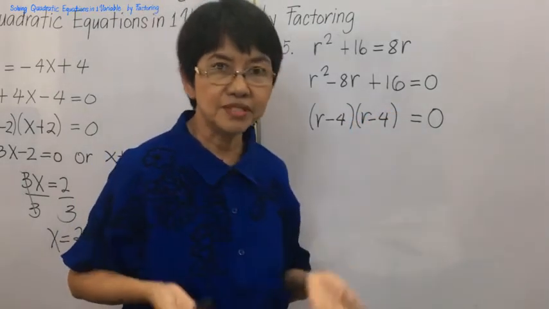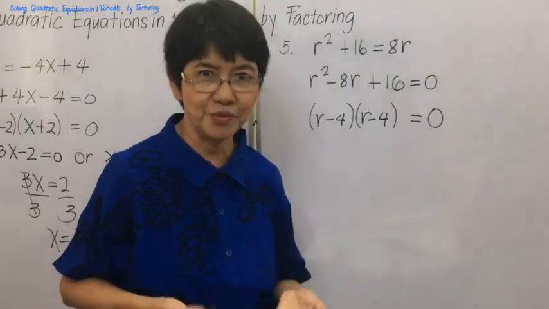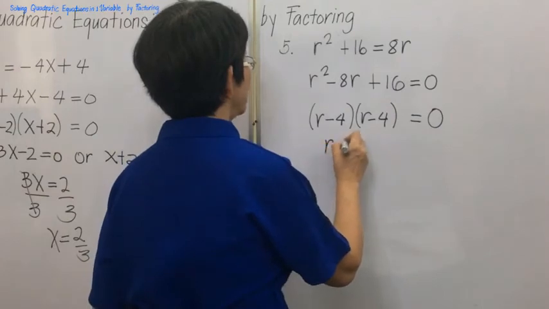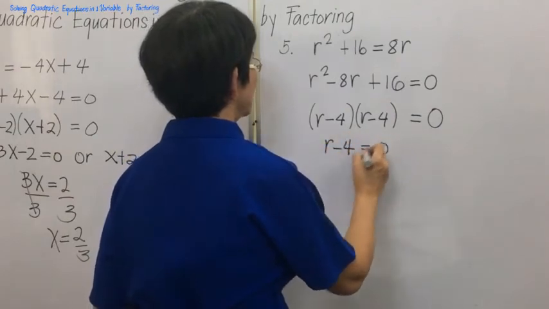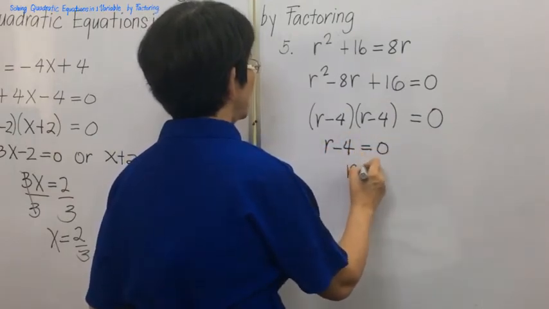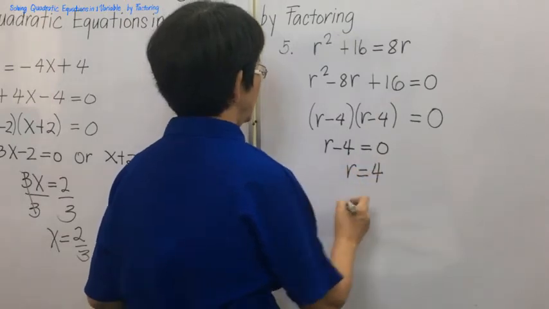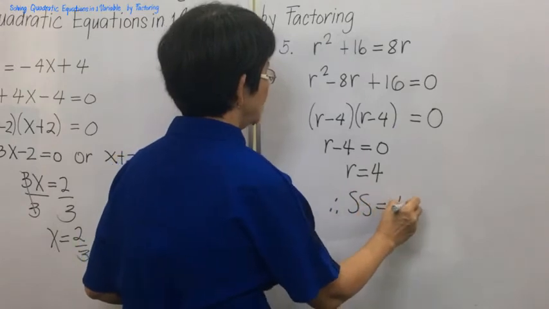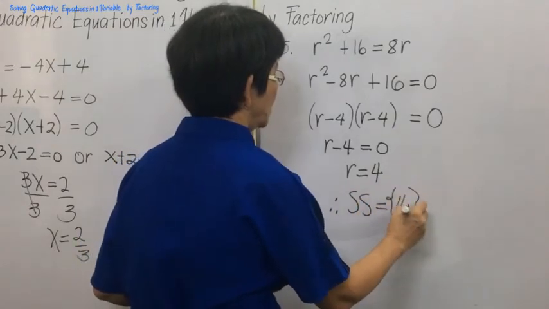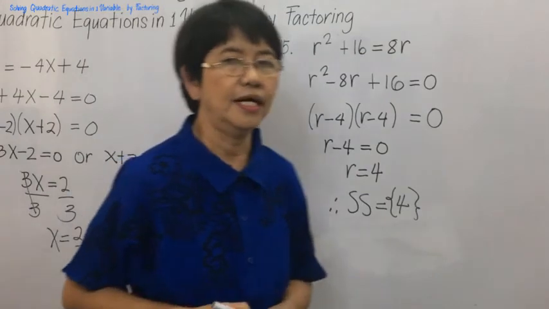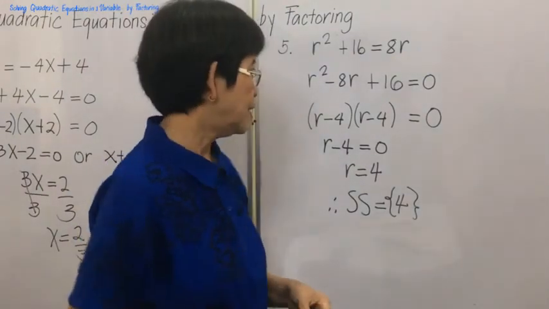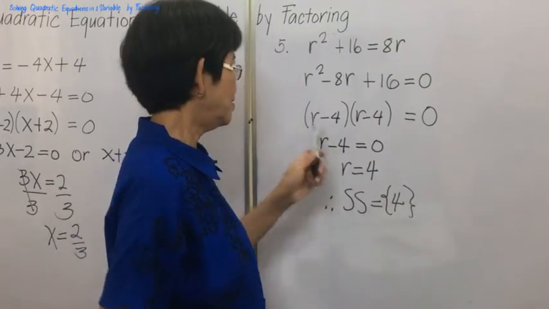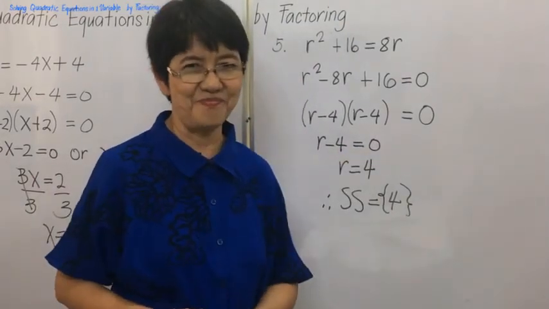Since we have the same factors, we have only one equation to solve. So r − 4 = 0, and therefore r = 4. Therefore, our solution set is 4. This is the case where a quadratic equation yields only one solution because your factors are the same.